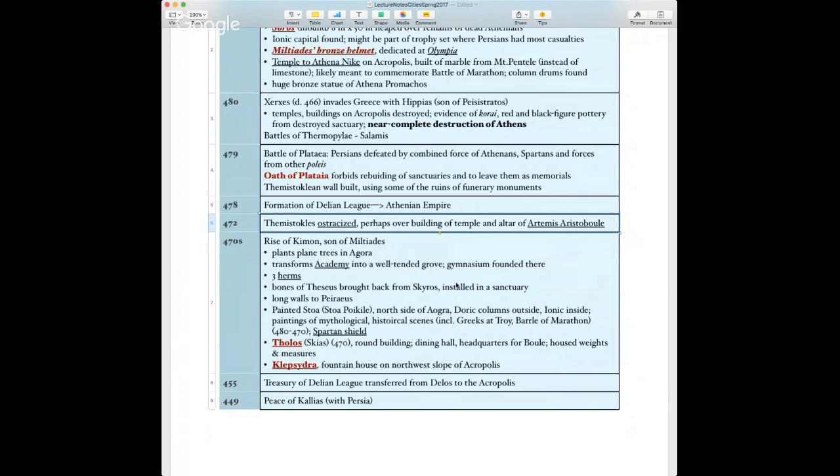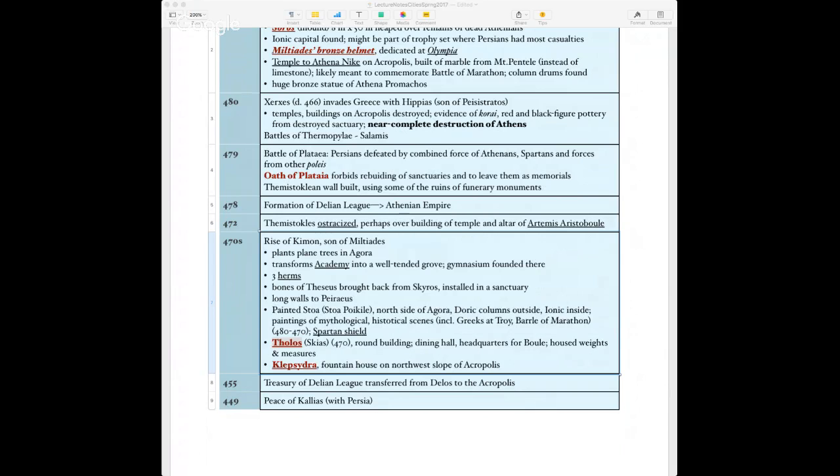These will be very important during the Peloponnesian War. He also started to rebuild the Agora with a building called the Stoa Poikile, which contained mythological and historical scenes, and buildings like the Tholos, which is a round dining hall, and also the Clepsydra.